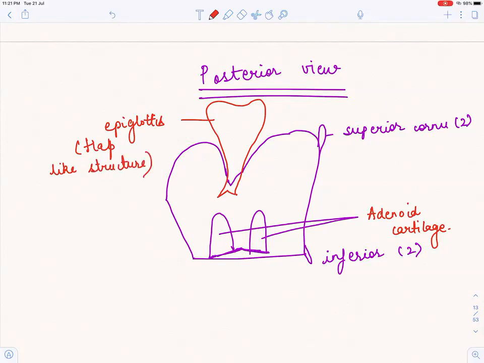Now these arytenoid cartilages are paired.